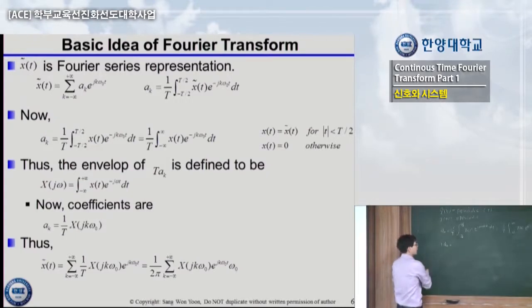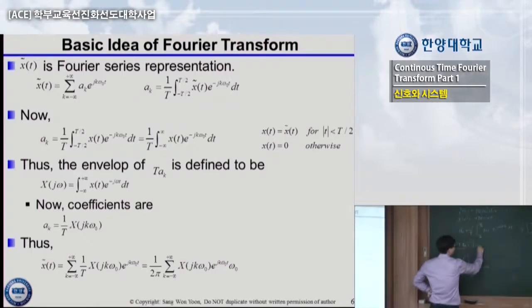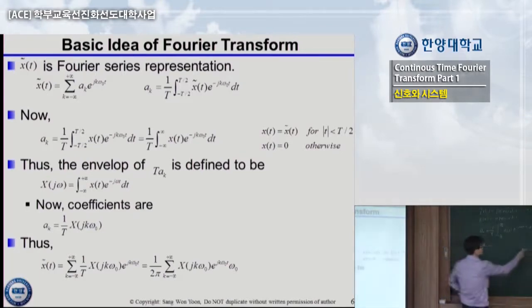Remember that in T a_k, in the previous case of the periodic function, they make this line, the original signal. So let's try to find what this is as a function of omega. Let's make it T a_k, which simply moves T to here, and that is what it looks like.